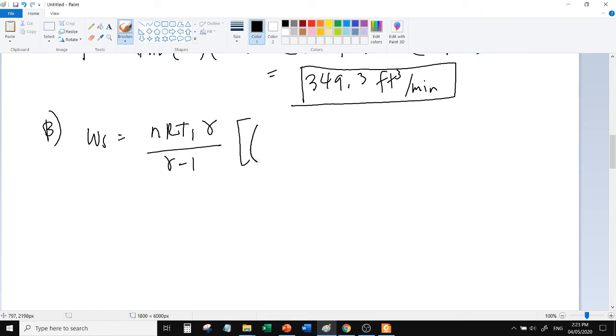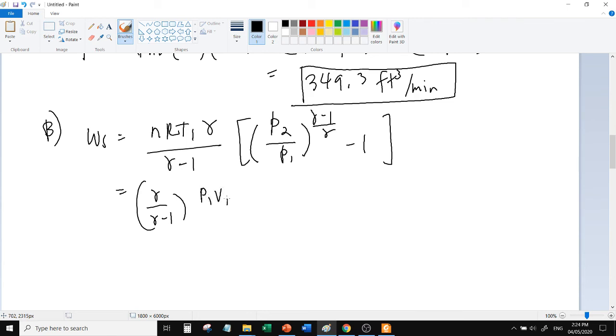Okay, so, na-derive natin sa lecture. Pero, instead of this form, we can actually rewrite this para hindi na natin kailangan ng R. Kasi ideal gas naman yan, ilabas natin yung gamma, tas yung nRT1, palitan natin ng P1V1.